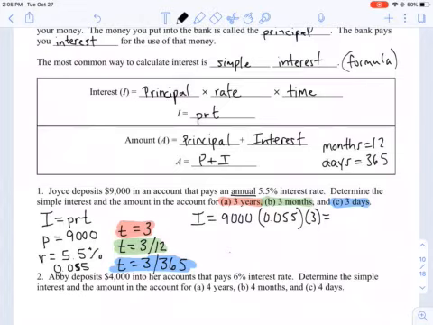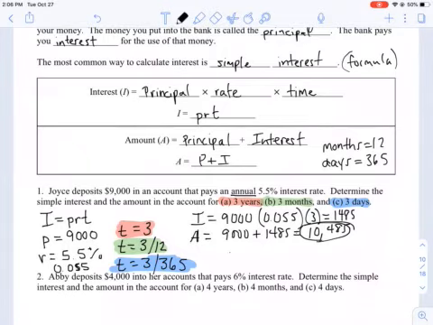So 9,000 times 0.055 times 3. $1,485 in interest. If I want to find what my new amount is, I'm going to go principal plus my interest. And there we go. So after 3 years, this is how much will be in the account.